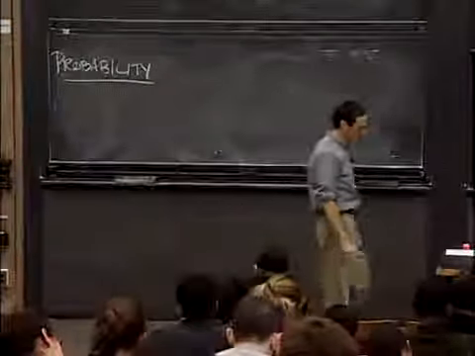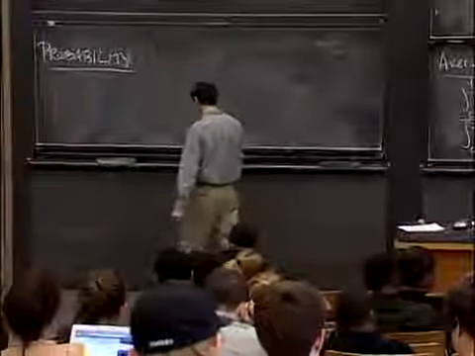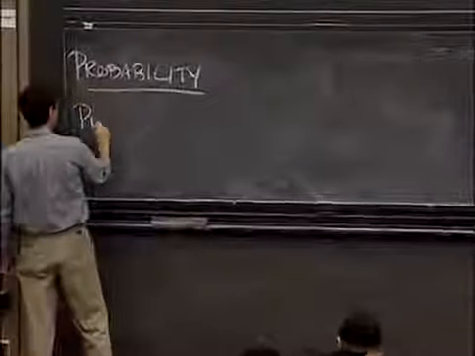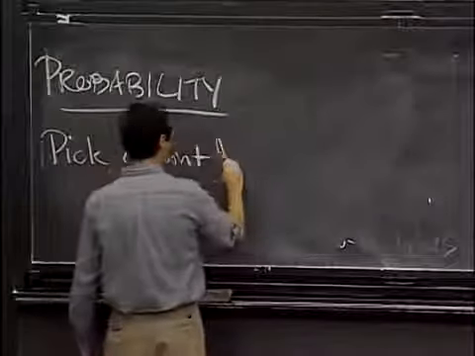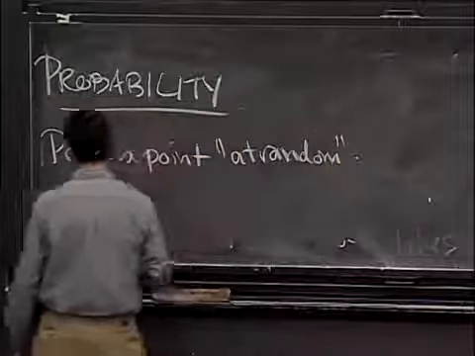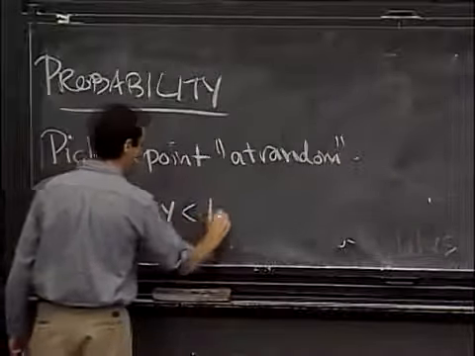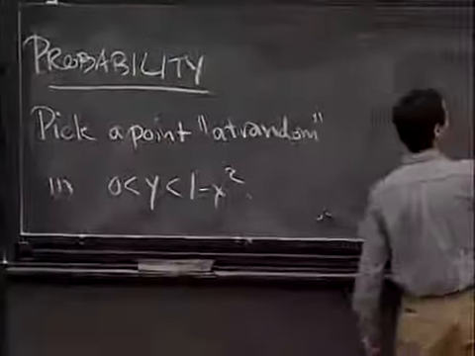In probability, what we do, I'm just going to give some examples here. I'm going to pick a point, in quotation marks, at random in the region y less than x less than 1 minus x squared. That's this shape here.